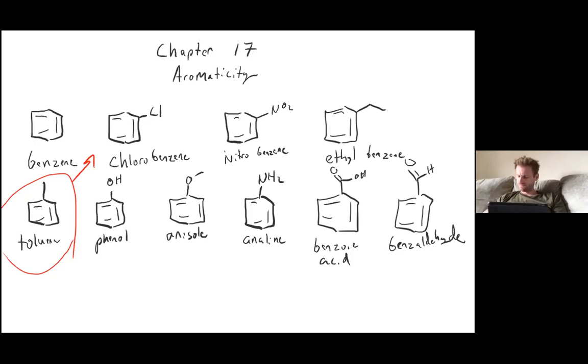So let's take toluene. Toluene has 3 different positions on it because of symmetry. We have the position that is 1 carbon away.